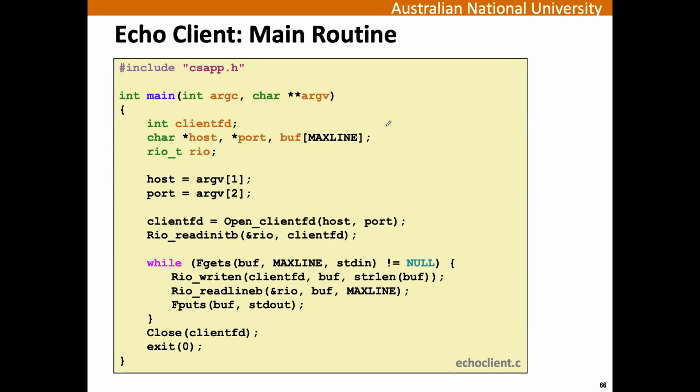The client sends the line to a server process, and the server echoes back whatever the client sends. So the server receives the line and echoes it, or writes it back, to the client. So this is a simple echo server that we want to build today.